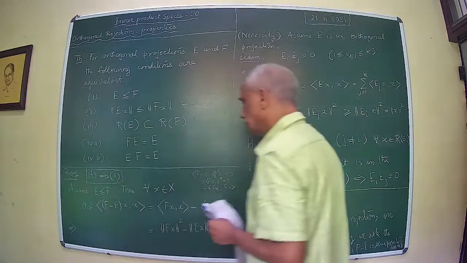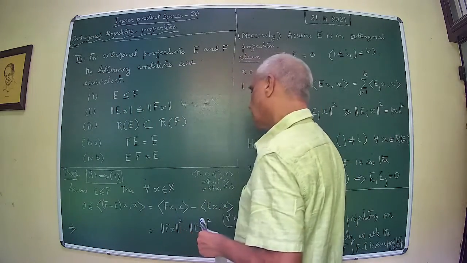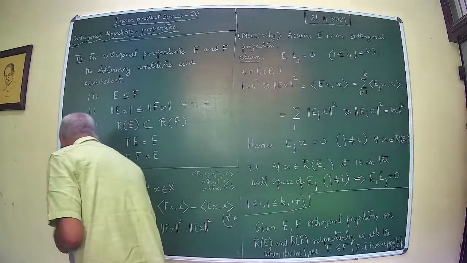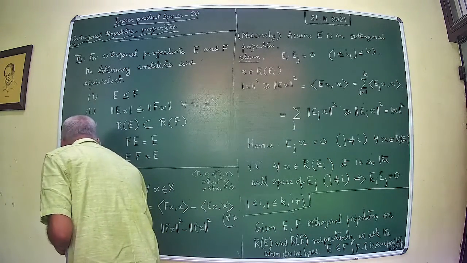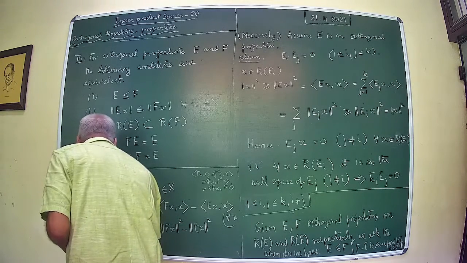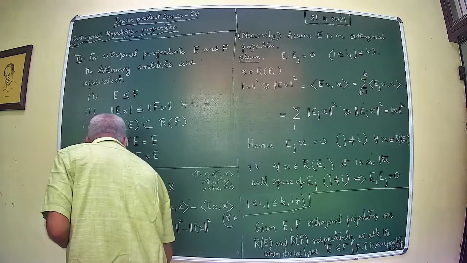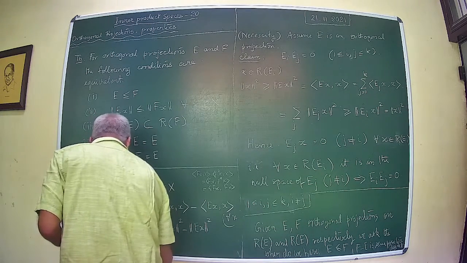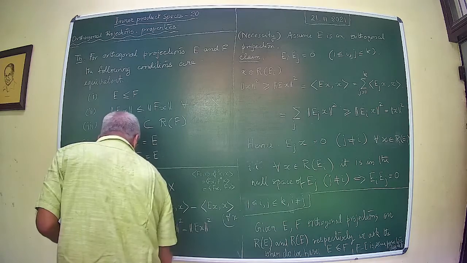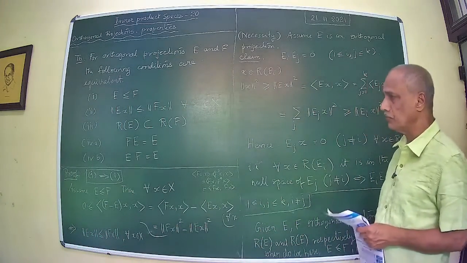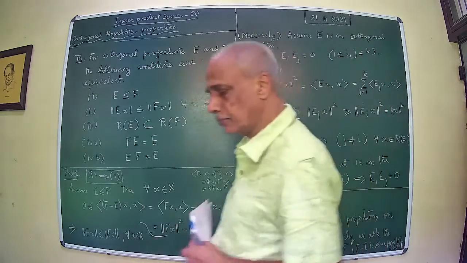This implies the norm of Ex is at most the norm of x, so that completes the proof of the first statement, that 1 implies 2.